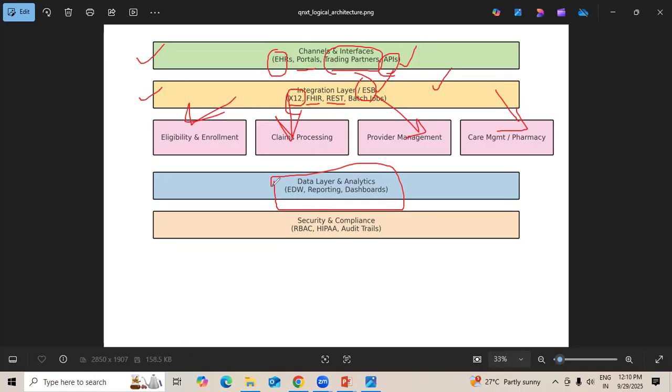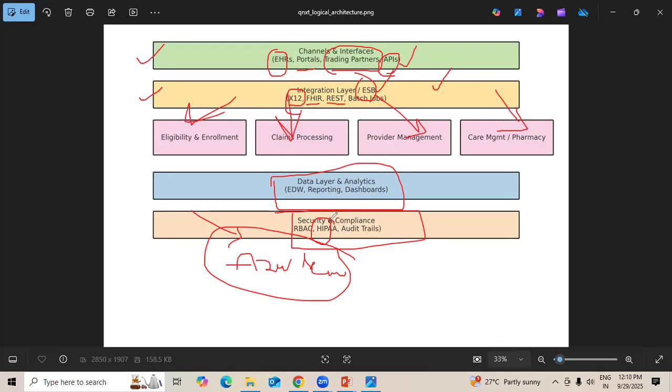And for security compliance, because of the cloud environment which is now integrated, we are going for Azure security. We use Azure security compliance tools to ensure the HIPAA guidelines are met. When we are developing this application, we must be aligned with HIPAA rules and regulations, followed by RBAC and audit trails.